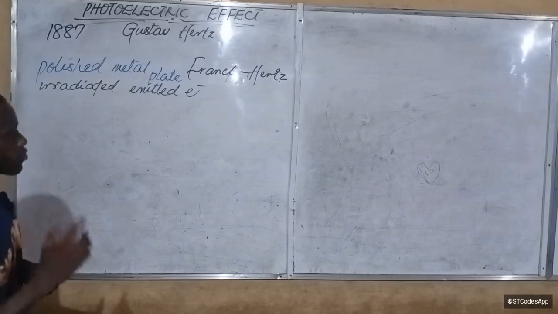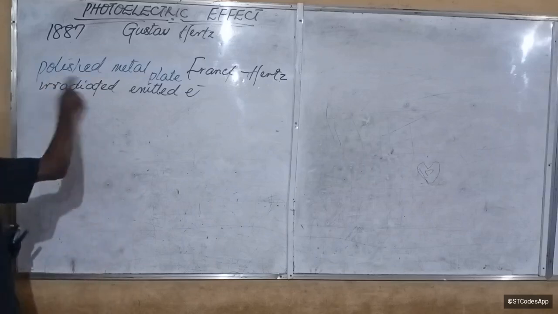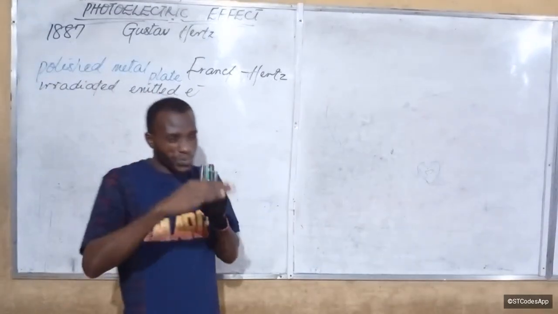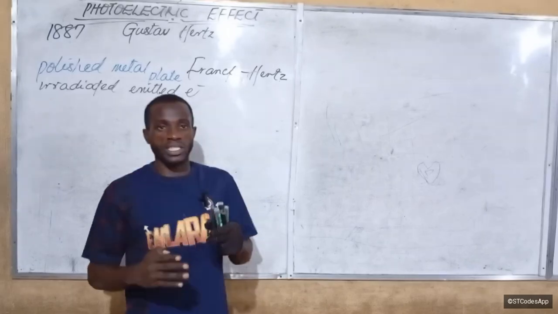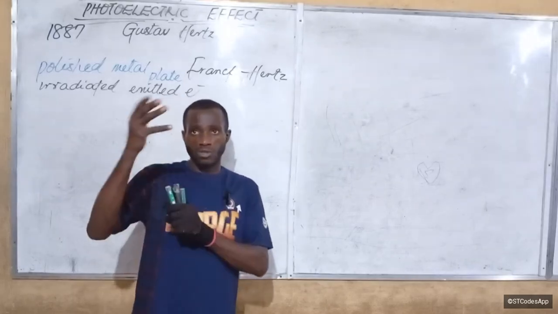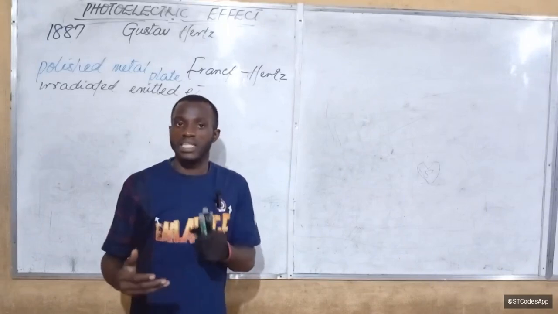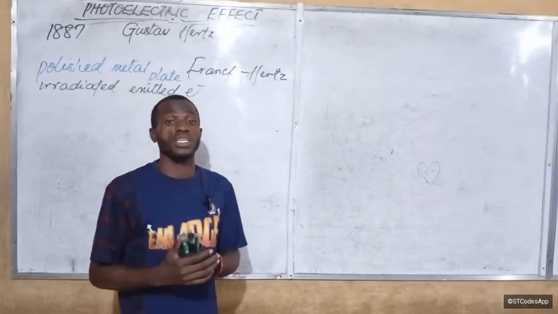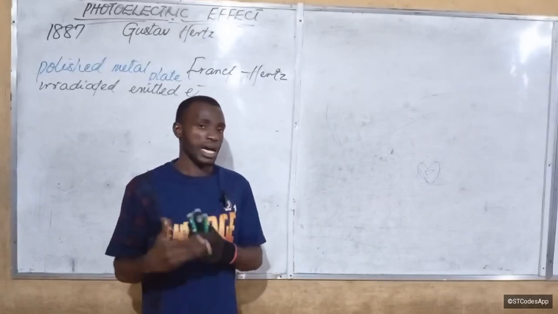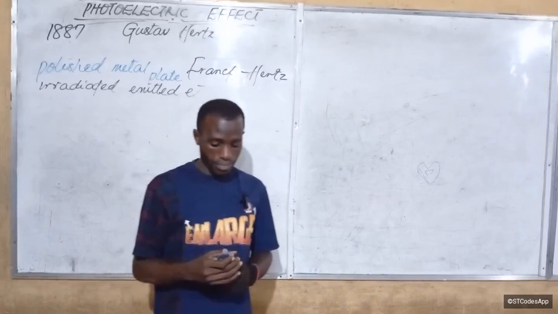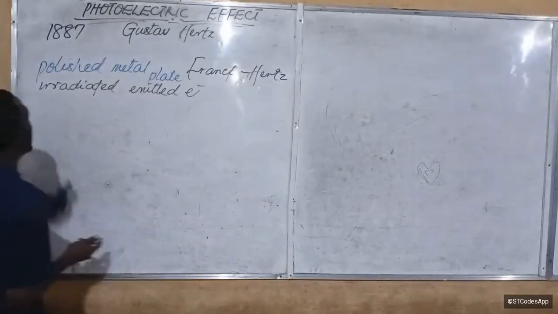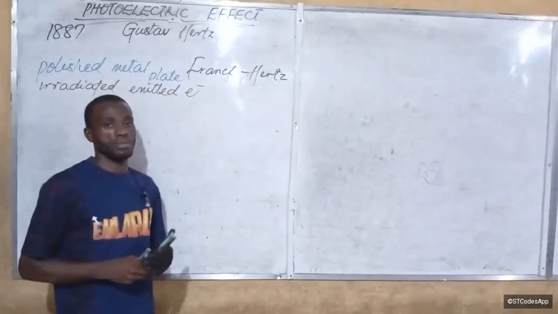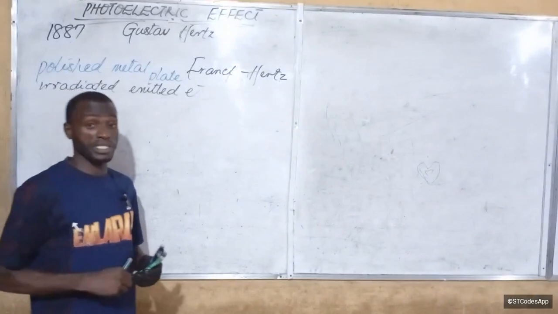I said the metal plate had to be polished because the physical conditions, such as the smoothness and the orientation of the metal relative to the light, determined whether electrons would be ejected at all. All right. So now we know that when you irradiate a polished metal plate with a particular frequency of light, it emits electrons.